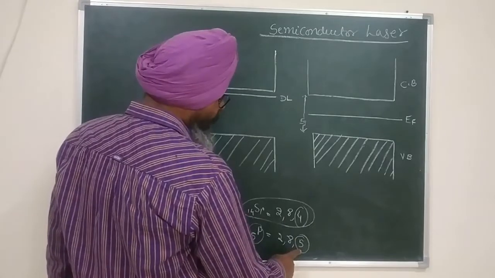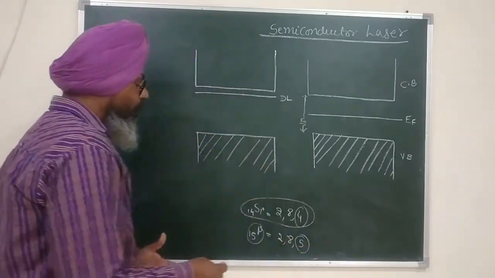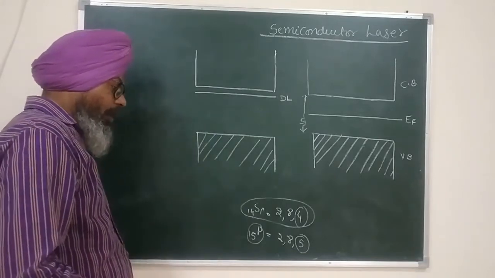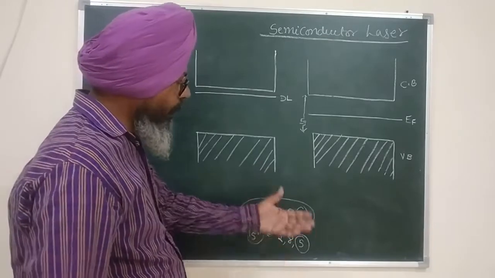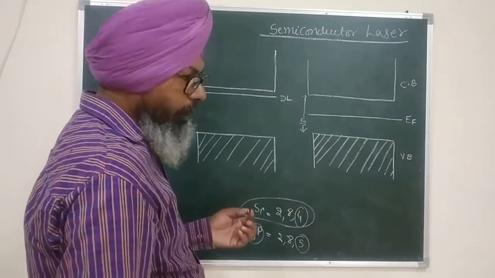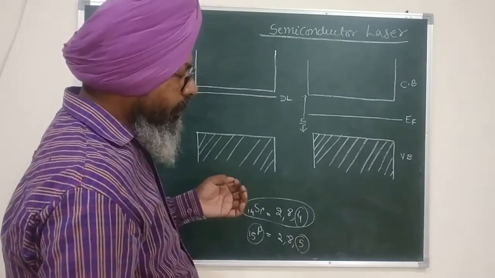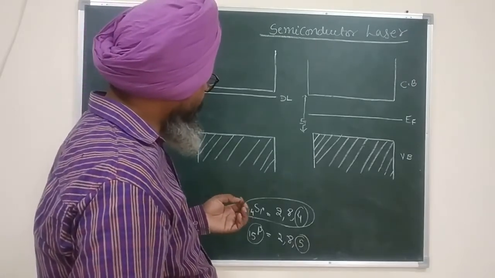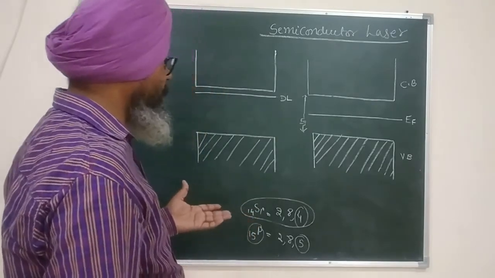Out of these 5 electrons, 4 electrons will make covalent bonds with the neighboring silicon atoms. However, the 5th electron of each phosphorus atom will not be able to make any bond, and that unpaired electron will obviously be very weakly bound to the phosphorus, since it is not used in a covalent bond.